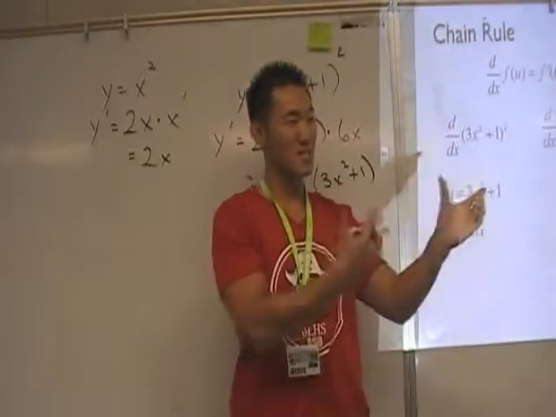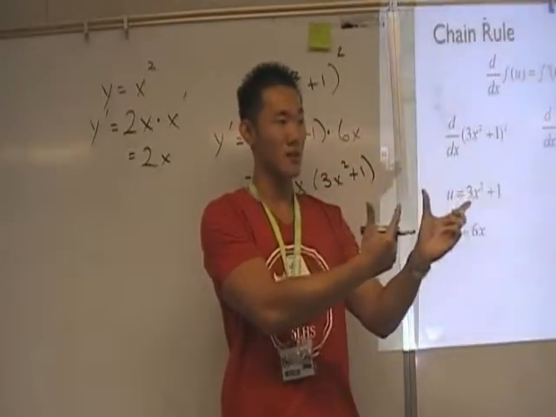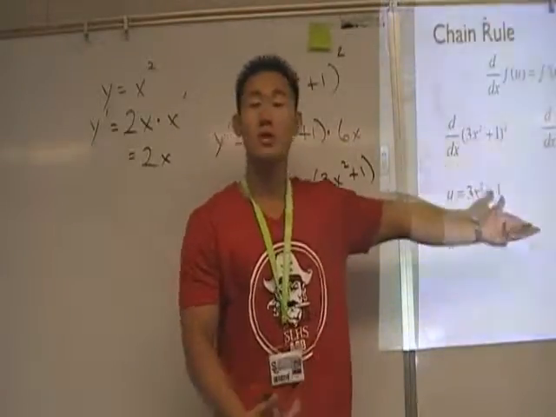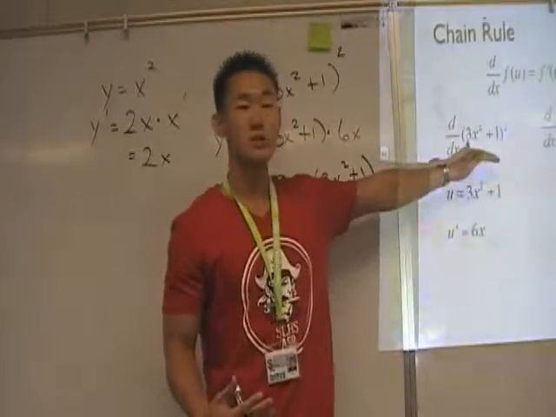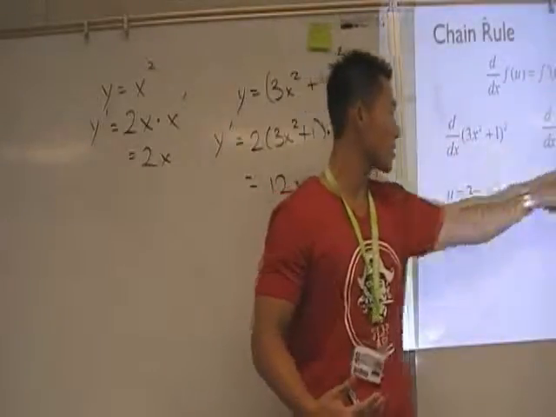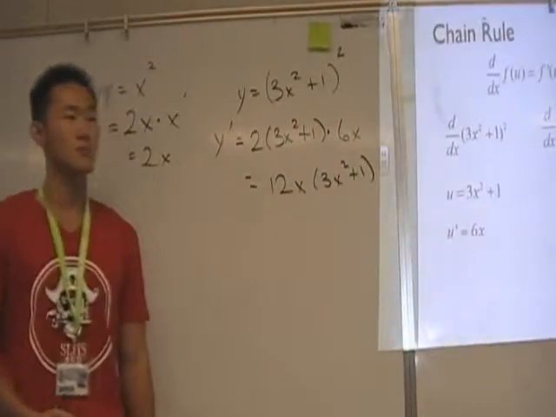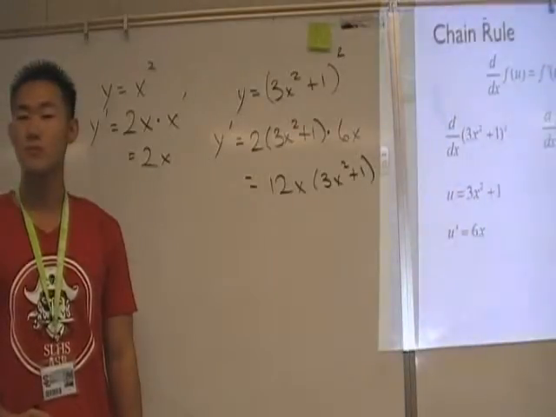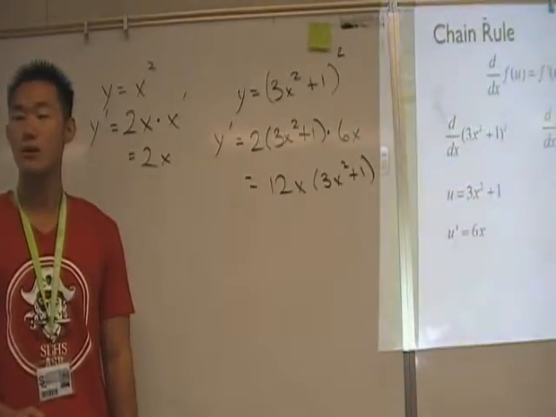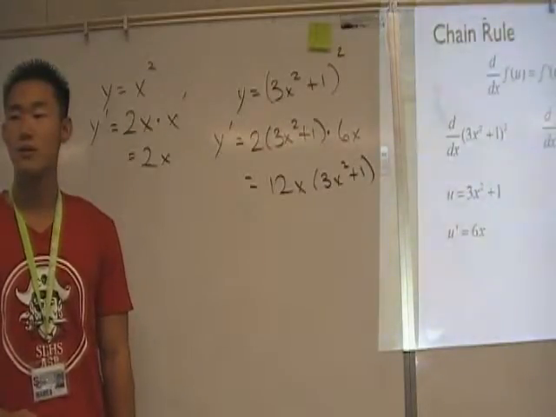Squared means it's the two parentheses. This times the derivative of this, plus this times the derivative of that. Okay, that's the product rule. So you could, but it is more work. It's a little messier. If you use the chain rule, it's a lot more simple. You go from here to there to there. Good job. Alright, any questions?